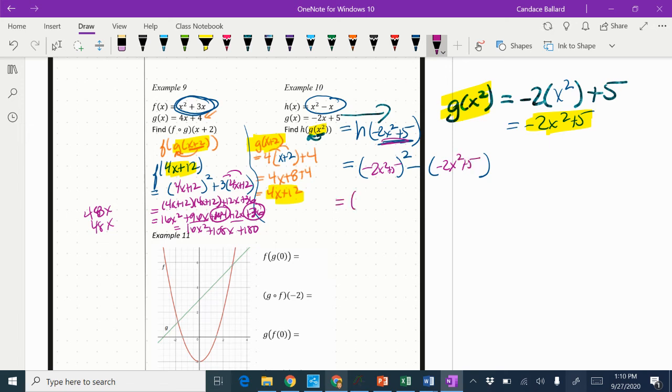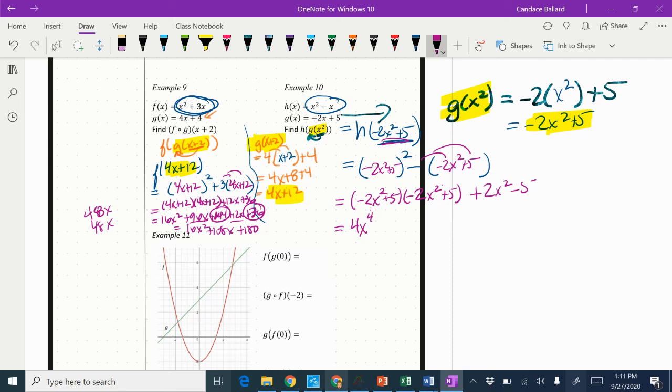All right, we are going to try to FOIL this because we have a squared. That means I have to write it twice. At the same time, I'm going to distribute this negative in, so positive 2x squared minus 5. Okay, let's go ahead and FOIL. Negative 2x squared times negative 2x squared would be 4x to the fourth, because when multiplying, you add the exponents.